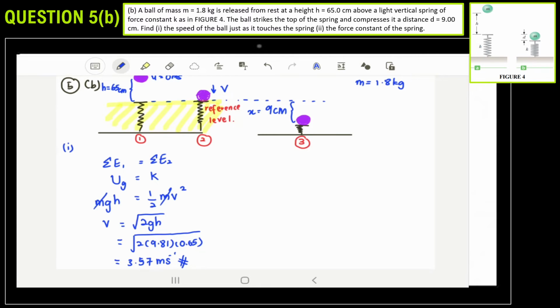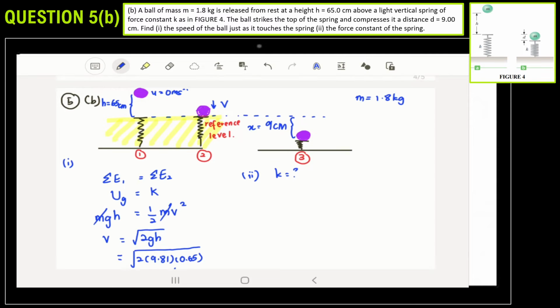We want to find the force constant of the spring, ataupun kita panggil sebagai spring constant. So second question, we want to find K, the force constant of the spring. You can see here in the third diagram, the spring is compressing, so there is an elastic potential energy in the spring.